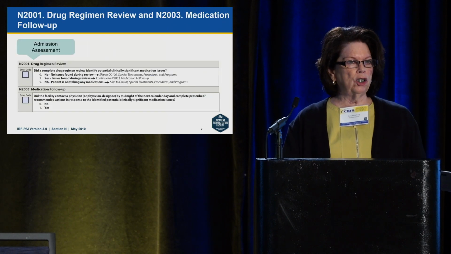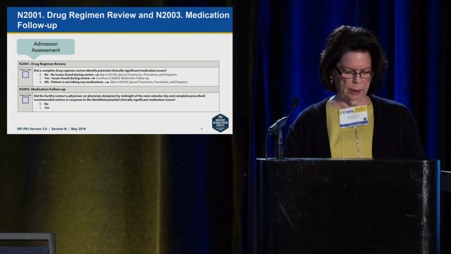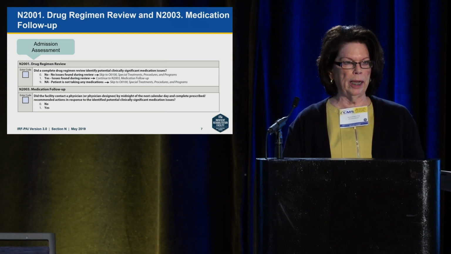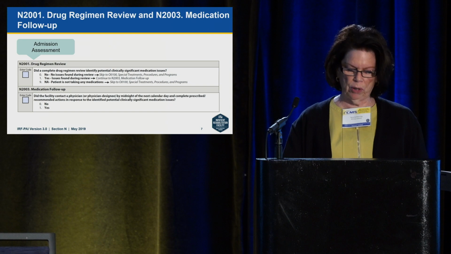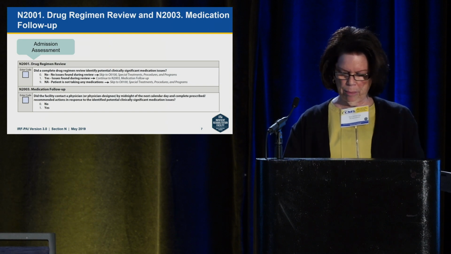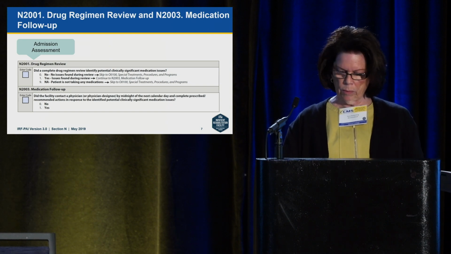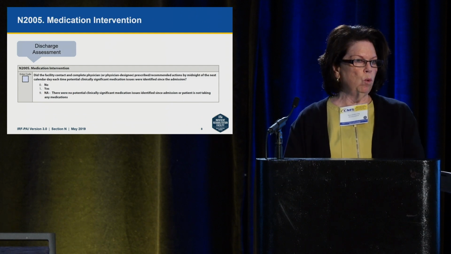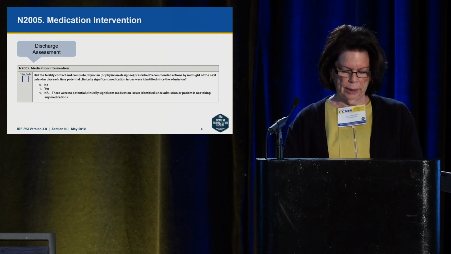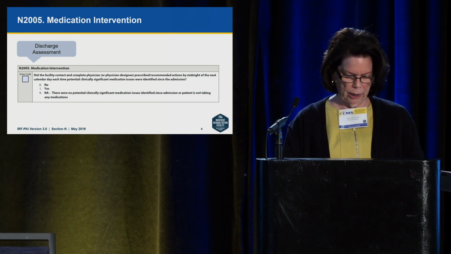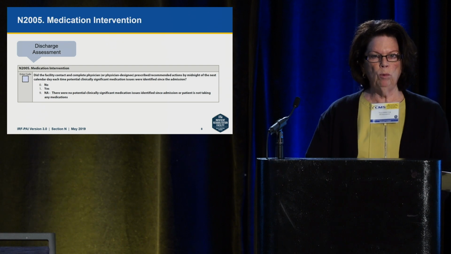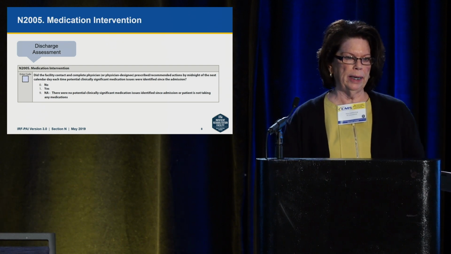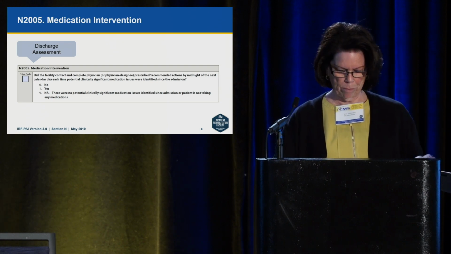This slide shows the two admission assessment data elements, N2001 drug regimen review and N2003 medication follow-up. This slide shows the one discharge assessment data item, medication intervention, and the responses, and we'll be going into all three of these data elements in detail.